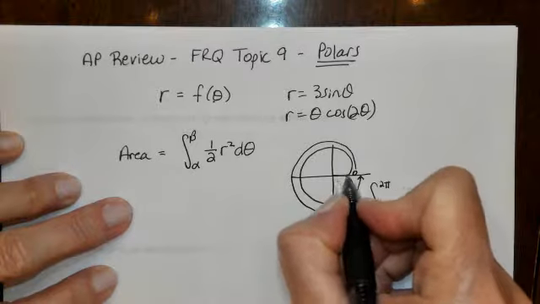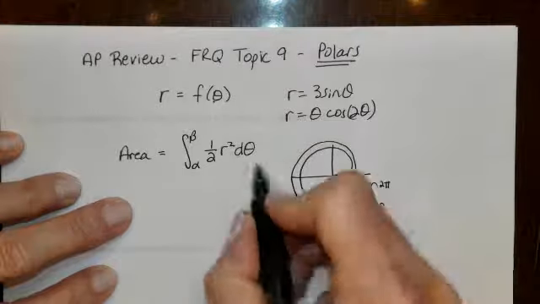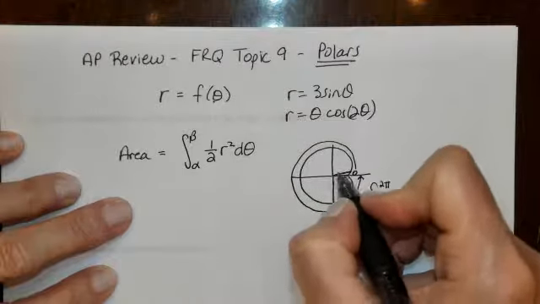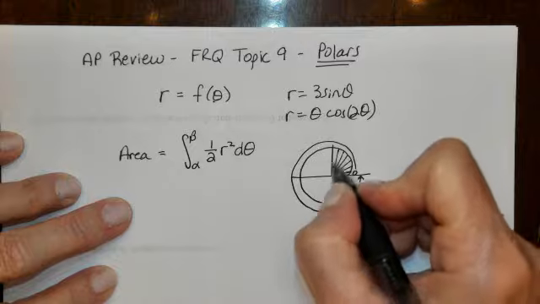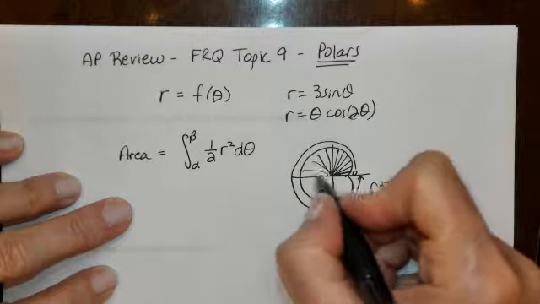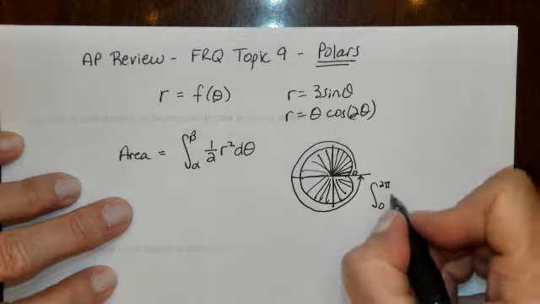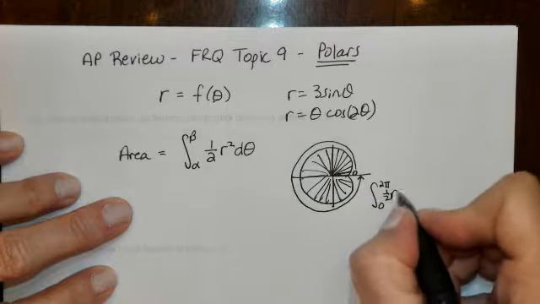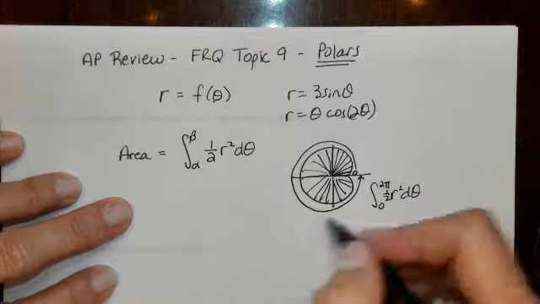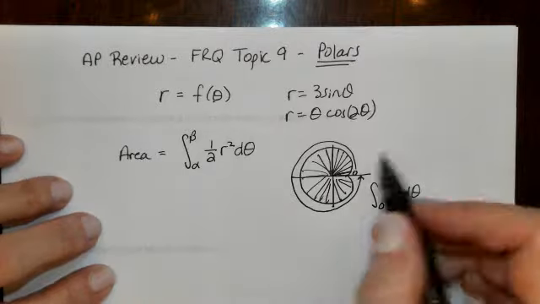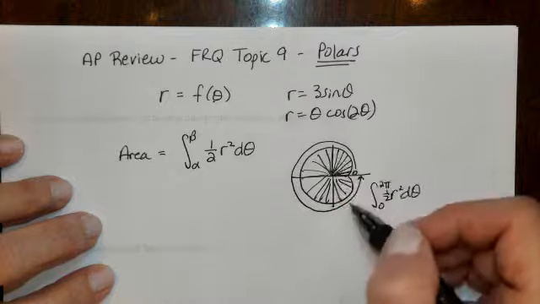So the first little theta slice will look like that. That's our first little d theta, and then it keeps going around, and we'll get back to 2 pi, right? And then this will be 1/2 r squared d theta, and that would give the area of the entire interior area of that curve.